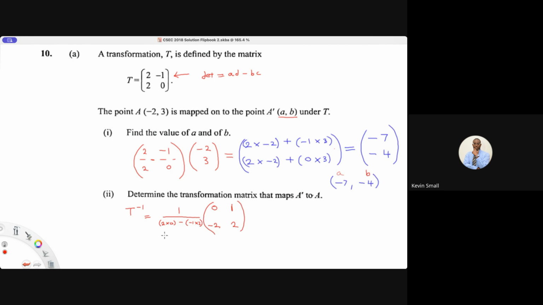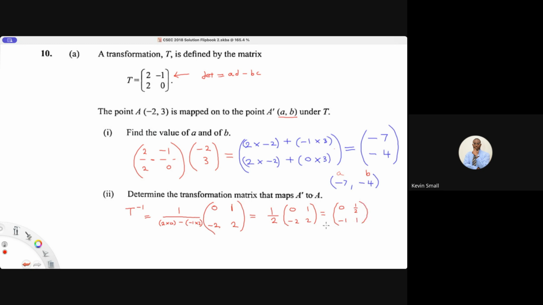If you don't know this process, it is something you have to learn. But anyway, the inverse of this matrix is 1 over 2 times 0, 1, negative 2, 2. And if you want it as fraction or as decimal, it would be 0 and then 1 over 2, or 0.5, negative 1, and 1.